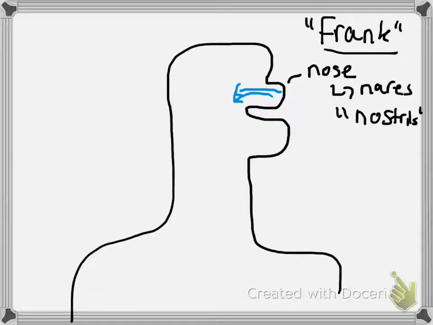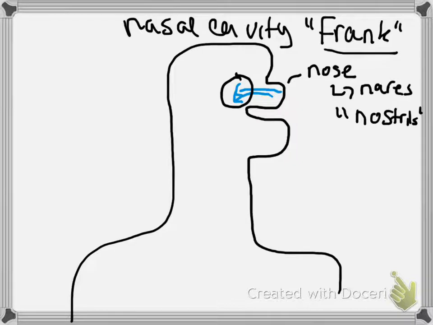which we'll just circle this spot. And then remember, in our nasal cavity, we also have some sinuses that allow us to have a more hollow skull, and they're also responsible for creating some sound.